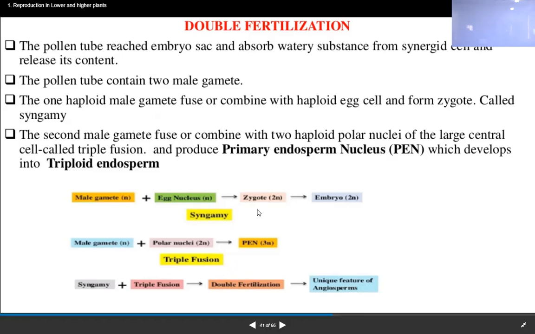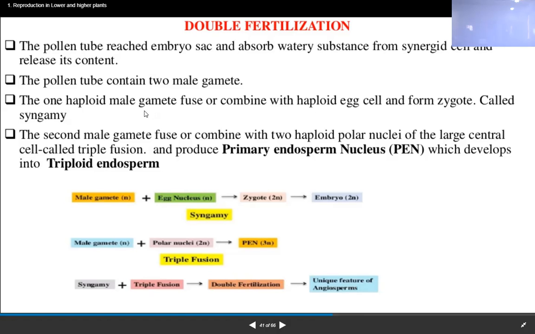So this simple process is called syngamy. Then when the male gamete fuses with polar nuclei, where endosperm is going to form, this is called triple fusion, and syngamy and triple fusion collectively are called double fertilization, which is a unique feature of angiosperms. So quickly write down what is given here.